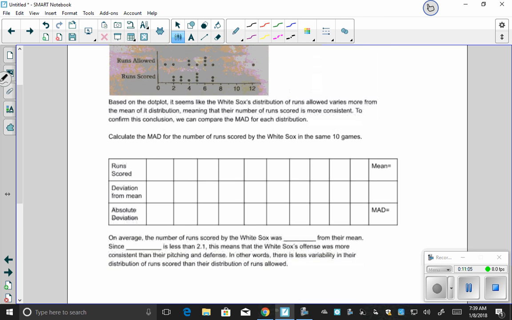So right now in my column, I'm looking at these numbers. So I have 2, 2, 3, 3, 4, 5, 5, 5, 7, 7. So calculate the MAD using the same steps as earlier. So pause this video so you can calculate the MAD.